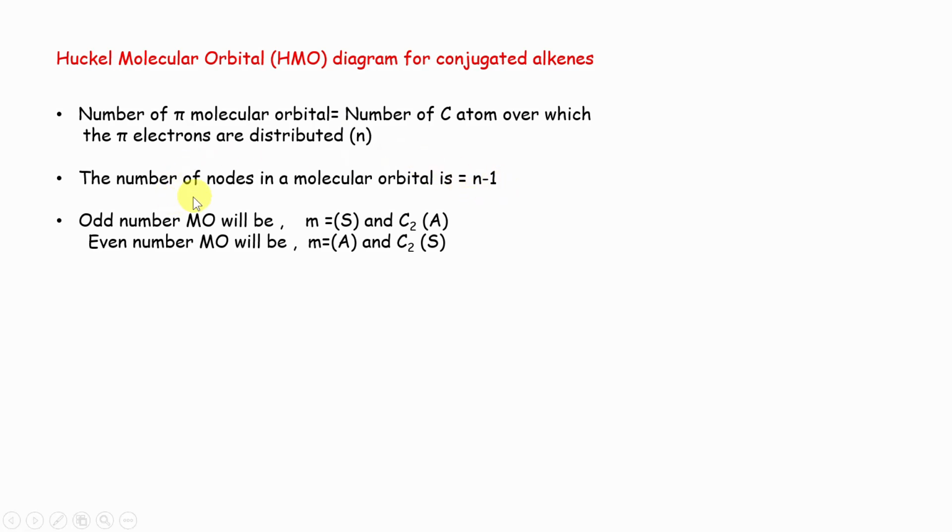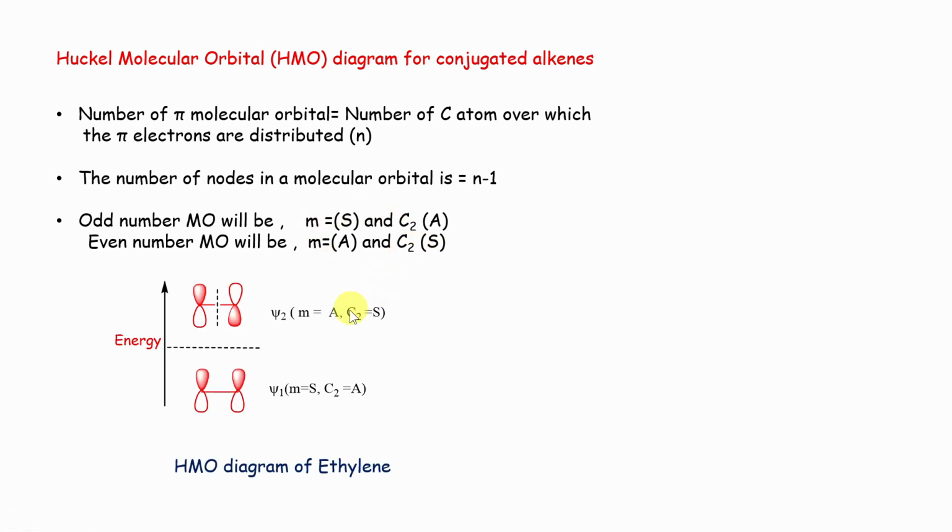An odd-numbered molecular orbital will be symmetric with respect to the mirror plane and anti-symmetric with respect to the C2 axis of symmetry, while an even-numbered molecular orbital will be anti-symmetric with respect to the mirror plane and symmetric with respect to the C2 axis. Consider the case of the ethylene molecule.